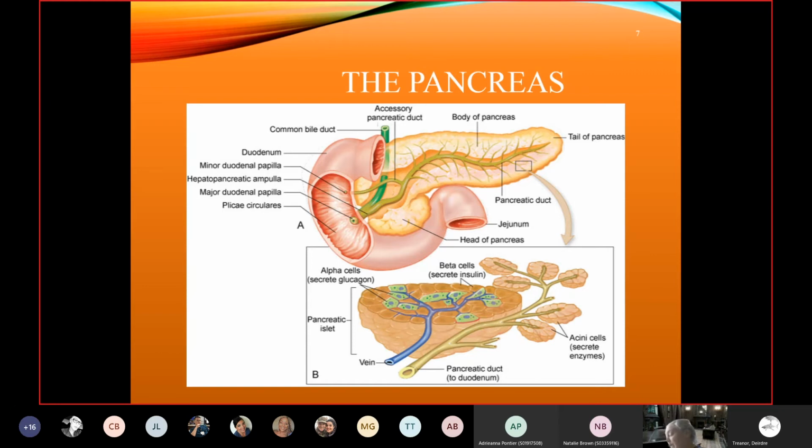They're going to lose nutrient energy sources, leading to polyphagia, so excessive eating to try and make up for the energy loss, weight loss, and malnutrition. And then with solutes in the renal tubules and collecting ducts, that draws a lot of water into the urine. So that can lead to excessive urination, dehydration, and excessive thirst.